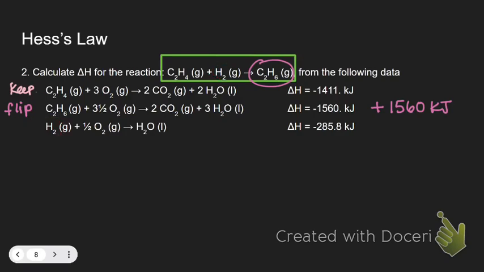So I'm also going to keep that the way that it is. So the one that I flipped, normally I rewrite these. It helps you guys see what's really happening. So I'm just going to rewrite this guy down here as the reverse. So I'm going to make these the reactants, and then the other side the products.